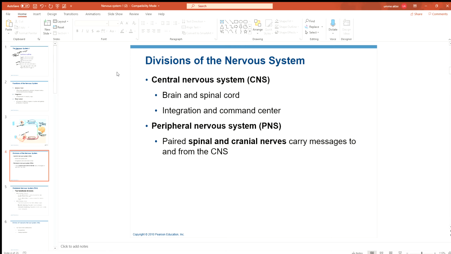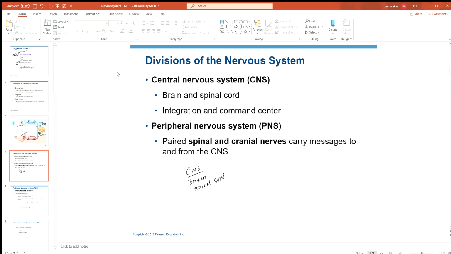Divisions of the nervous system. We divide the nervous system into central nervous system or CNS and peripheral nervous system or PNS. Central nervous system or CNS includes two organs, your brain and the spinal cord.